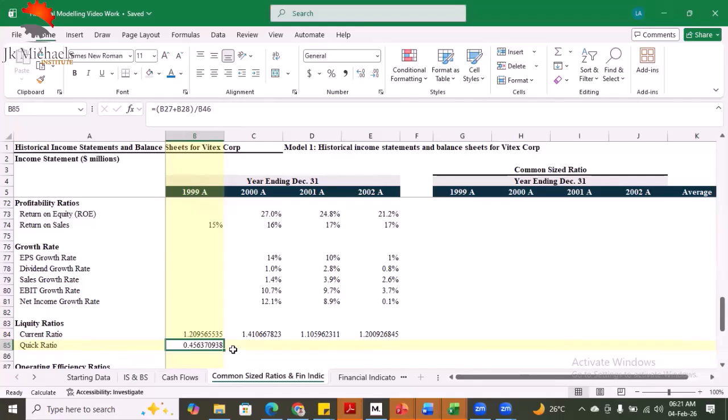Well, this can tell us quite a lot. It's pretty much a significant drop, right? It means that inventory and other current assets take a very huge portion of our liquidity, because when they were removed, you can see the significant drop from 1.2 to 0.4 as our quick ratio.